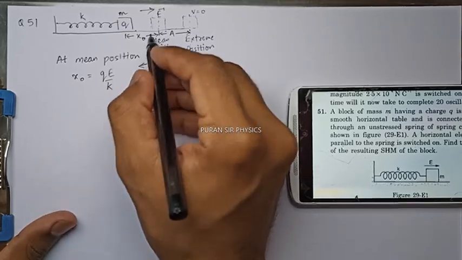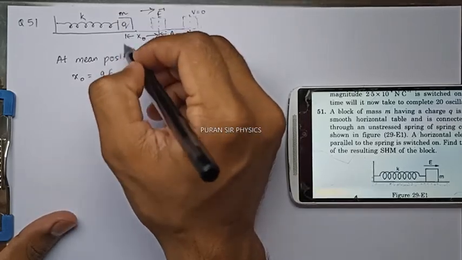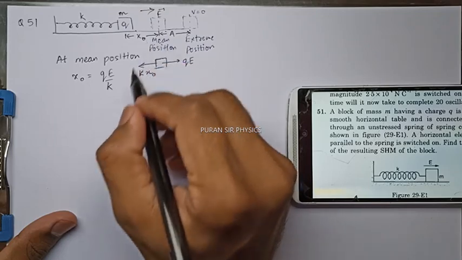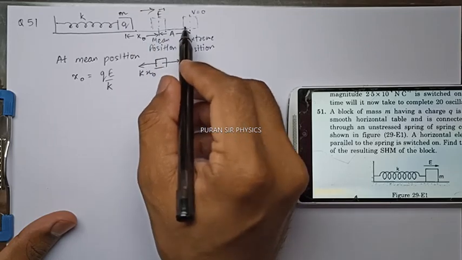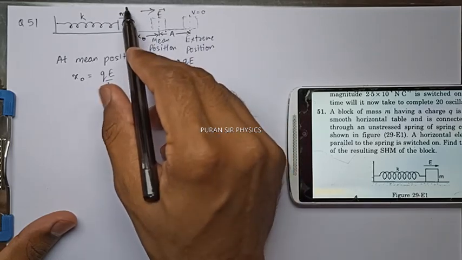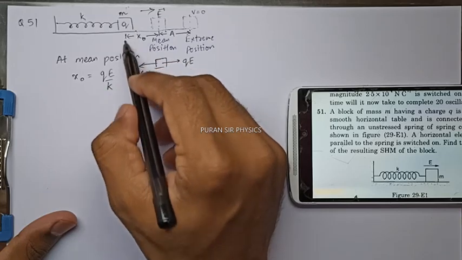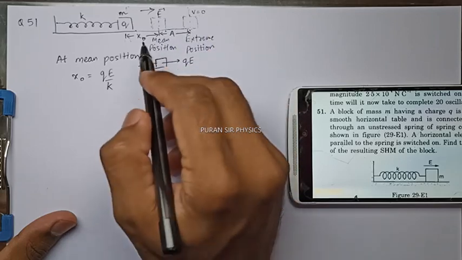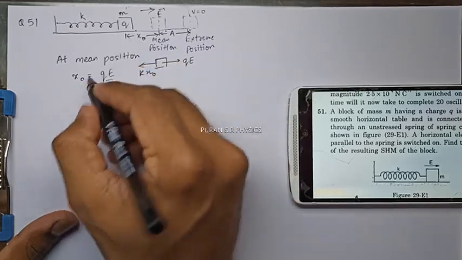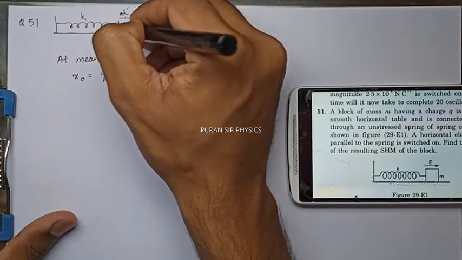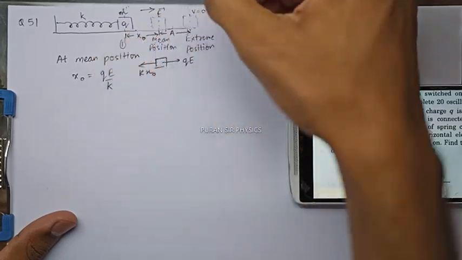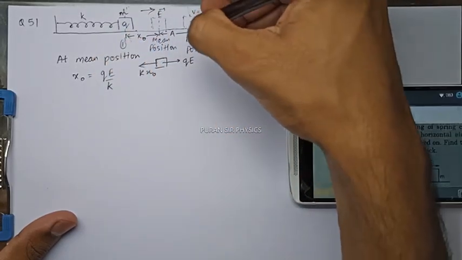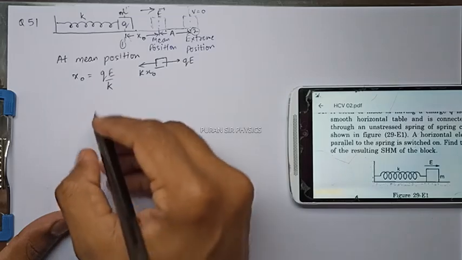Now we have to find the amplitude of the SHM. So this amplitude we have to find. So I'll apply energy conservation from this orientation to this orientation, when the velocity of the block is 0. So I write this as 1, and this one is 2.